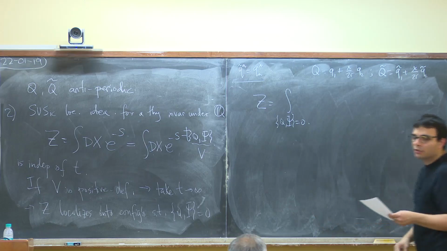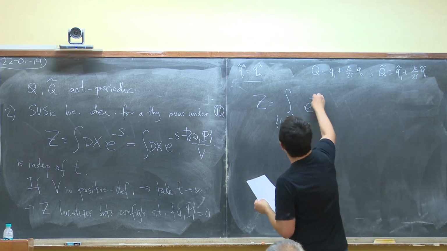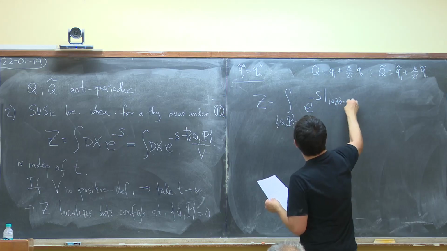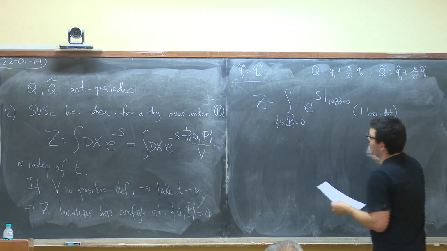Psi depends on x, so we find what x is, and we integrate only over those values of x. It's e to the minus S evaluated on this locus, Q psi is 0. And there's the one loop determinant. And this is exact.